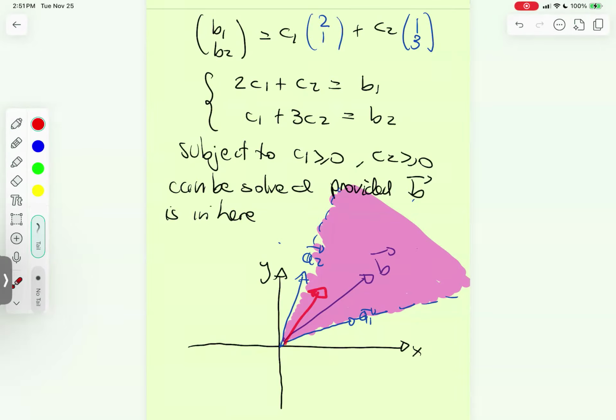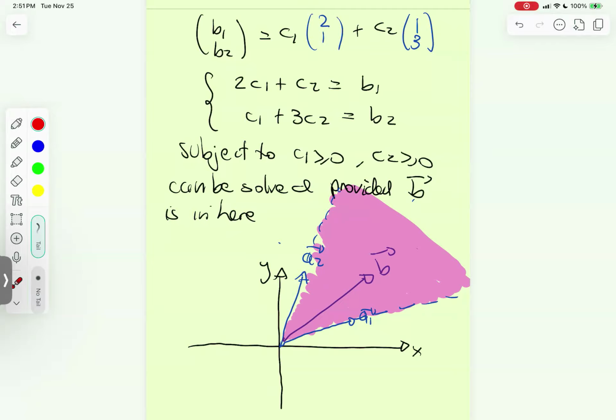What if A3 is like in an extreme case? Okay, it's a degenerate cone. It's better to just keep calling that a cone.